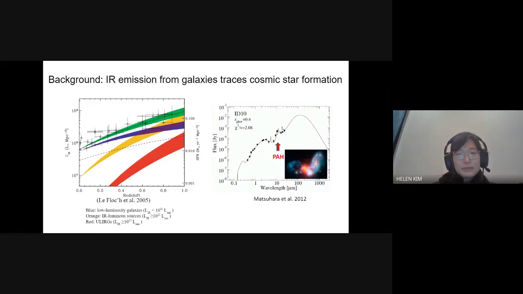So here is a picture of the redshifted 7.7 micron PAH dust feature. And so what this tells us is that it's important for us to observe the PAH properties and connect this to dust-obscured star formation.